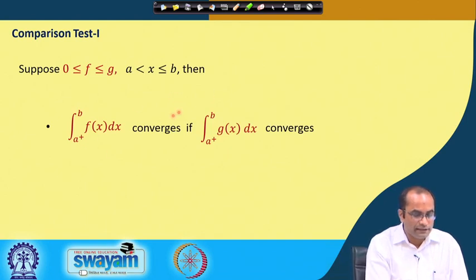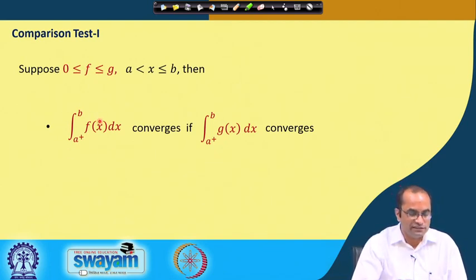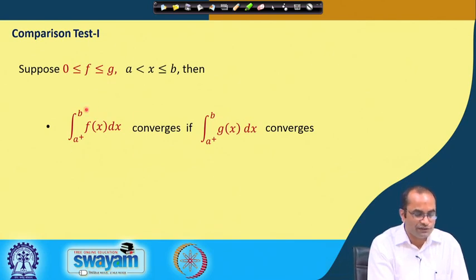In that case, if the integral from a to b of g(x) dx converges, then naturally the integral with the integrand taking lower values than g will also converge.